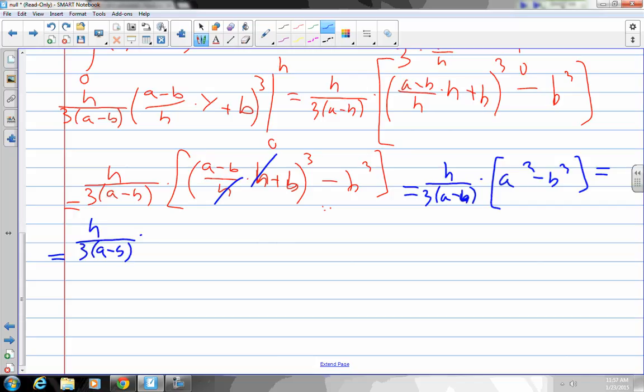The difference of cubes factors into a minus b times a squared plus ab plus b squared. So these two cancel. So it's h over 3 times all that.